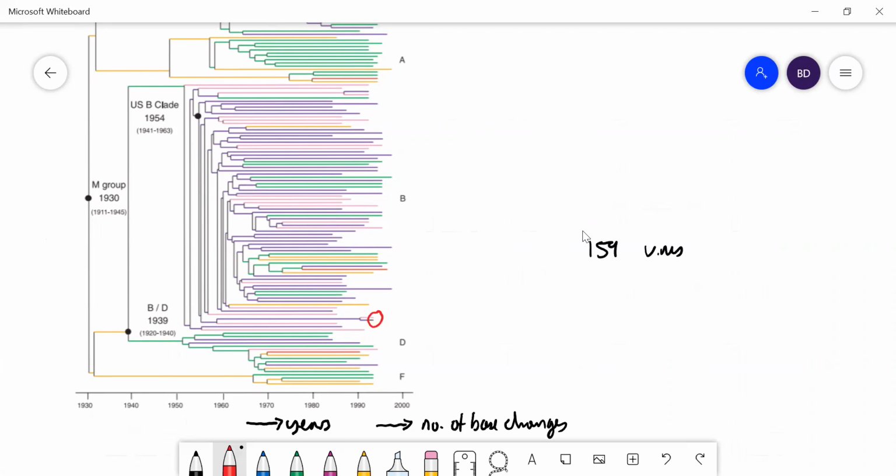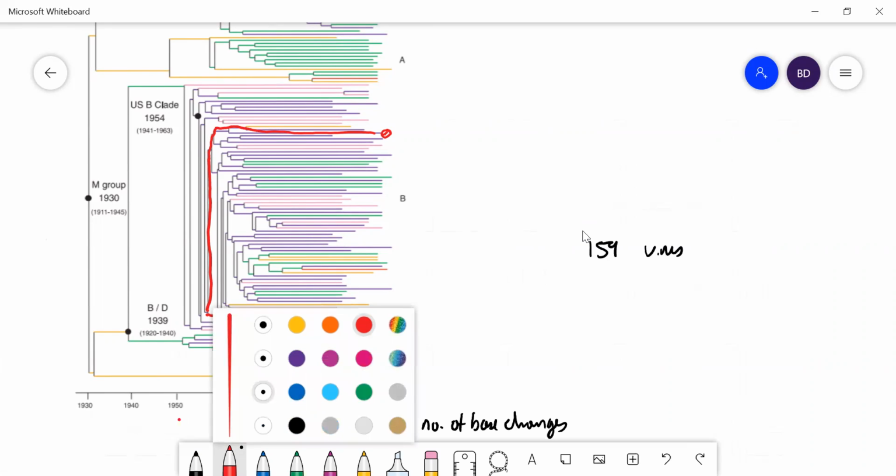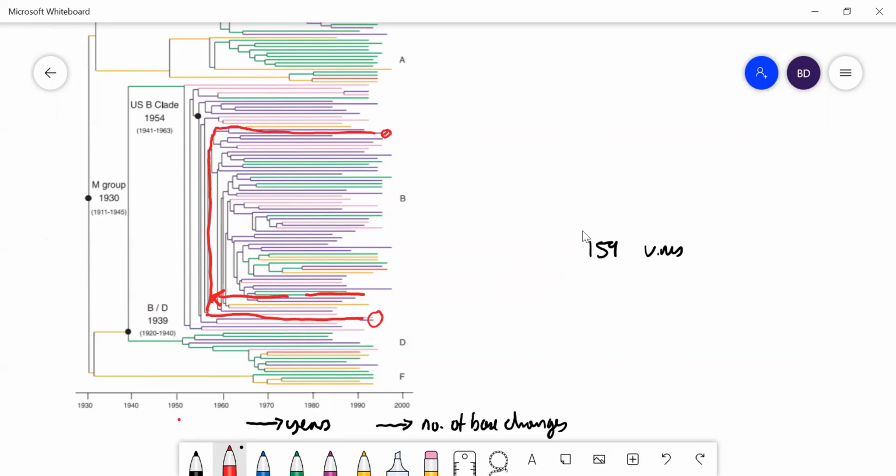Whereas if you choose that one there, that's also in the B clade, but they must have diverged from each other quite a long time ago, because to get back to each other you have to go all the way back along this line, all that length of time. They must have diverged from each other 35 years ago.